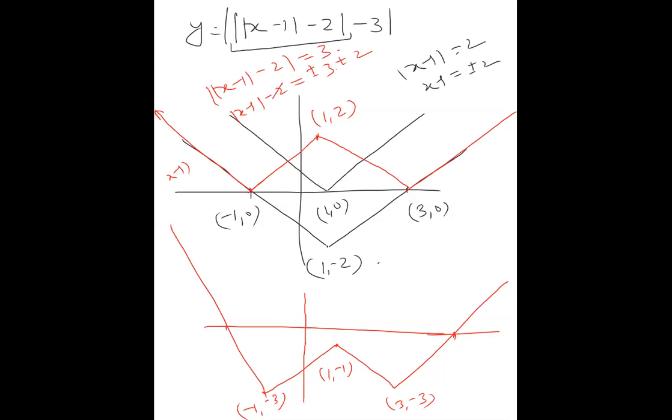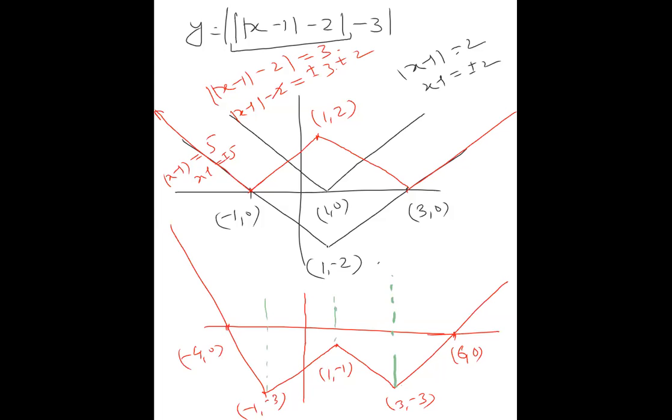So |x - 1| is equal to 5, so x - 1 is equal to ±5. One time I'm getting 6 comma 0, and the other time I'm getting -5 plus 1, that is -4 comma 0. Is it okay? Now for the last step, I have to use mod of this. I just have to make the graph. That's the reason I'm doing this.